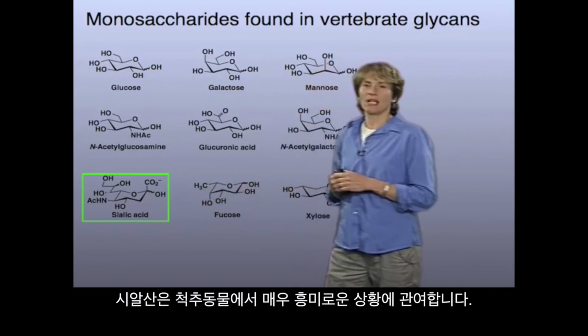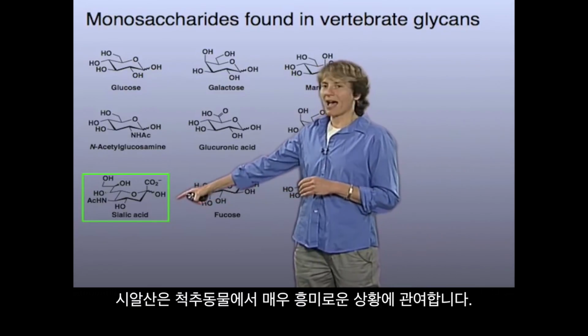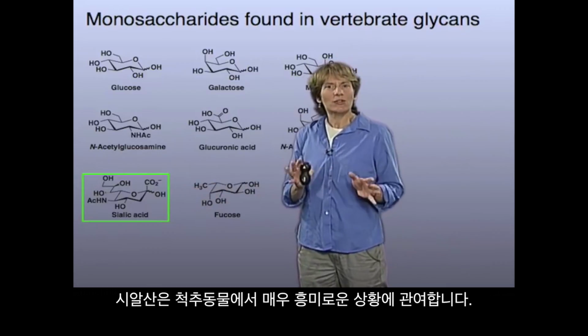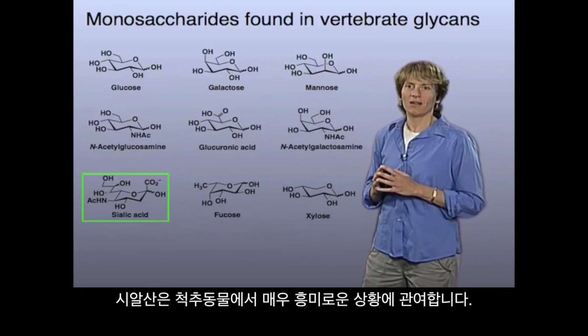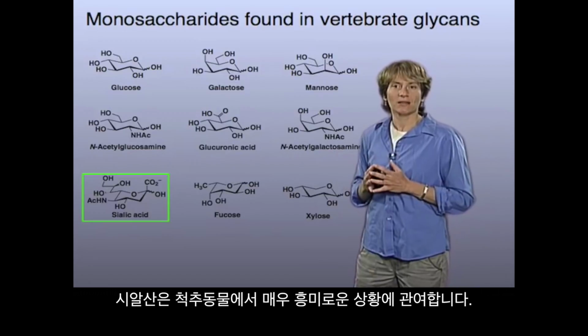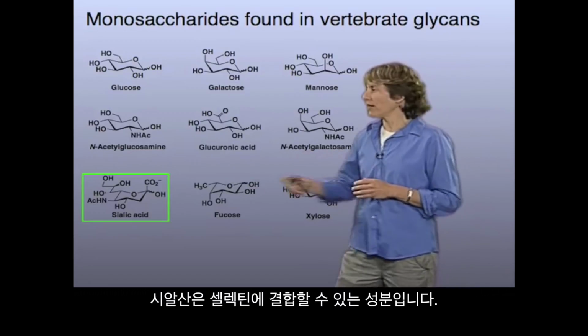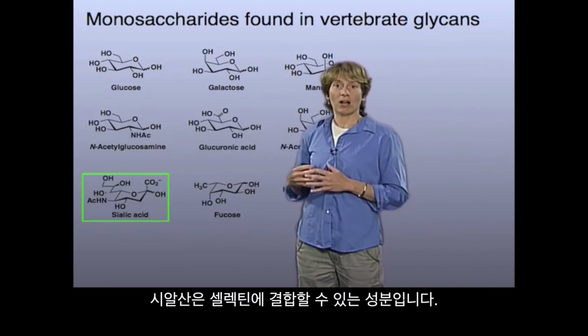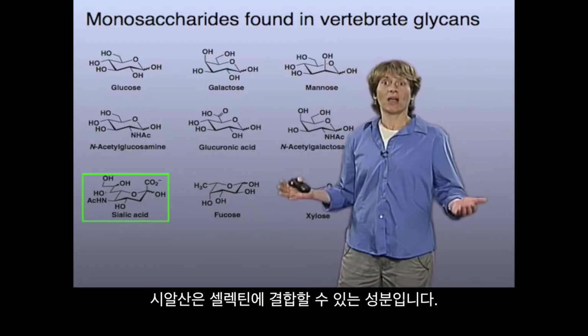And as I mentioned in my first lecture, sialic acid tends to appear in some very interesting circumstances in vertebrate biological systems. I mentioned, for example, that sialic acid is a component of the ligand for the selectins.